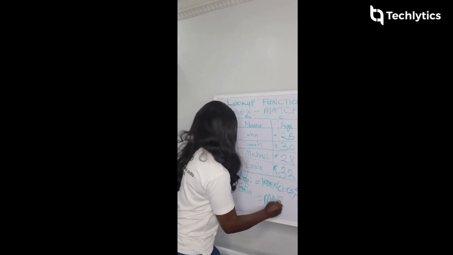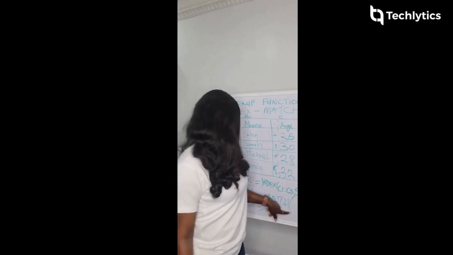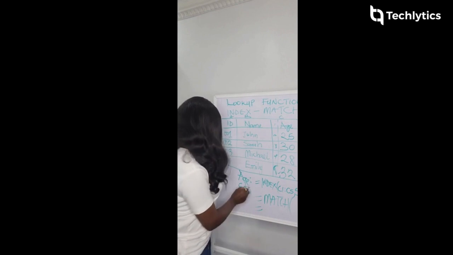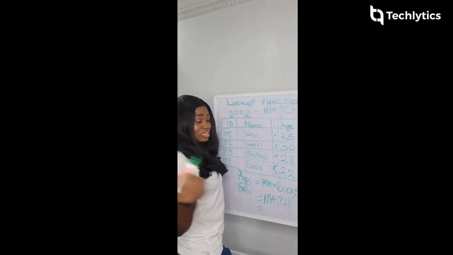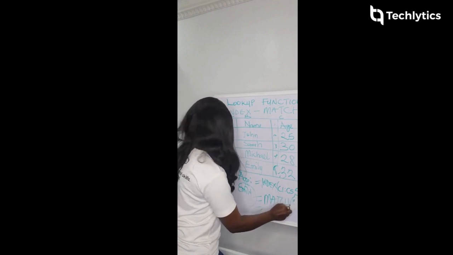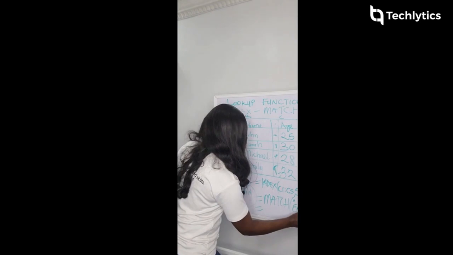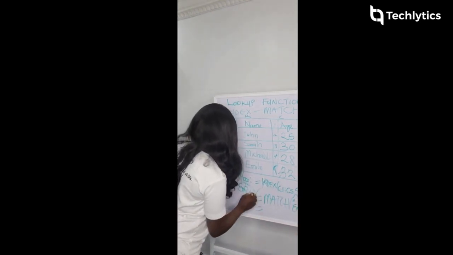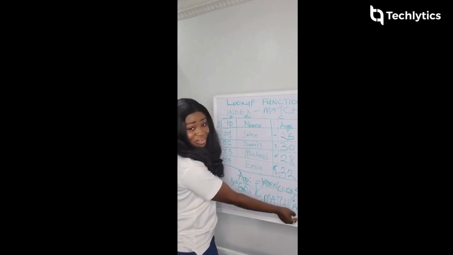It will be something like MATCH, and it will ask you, what is the lookup value? I can reference Emily or put Emily in double quotation marks to make it text, or I reference the cell. Let's say this is B12 or something, I could reference it.